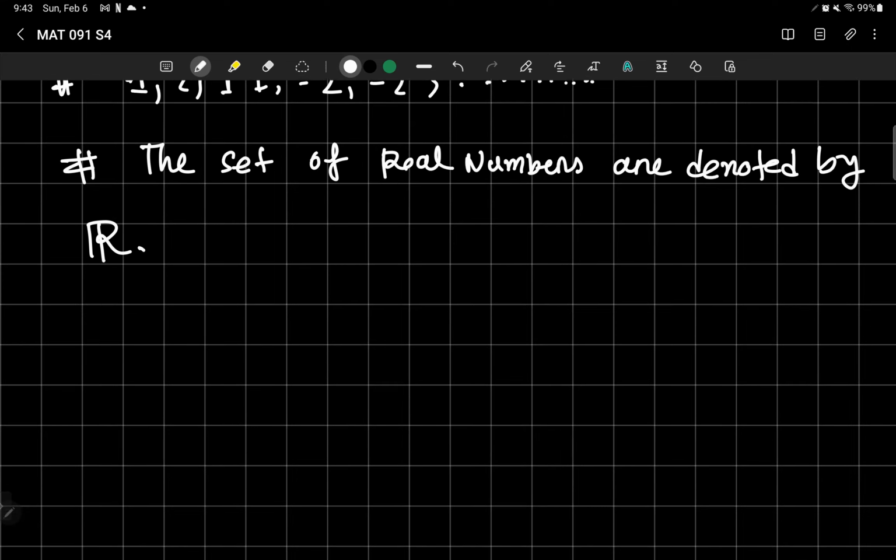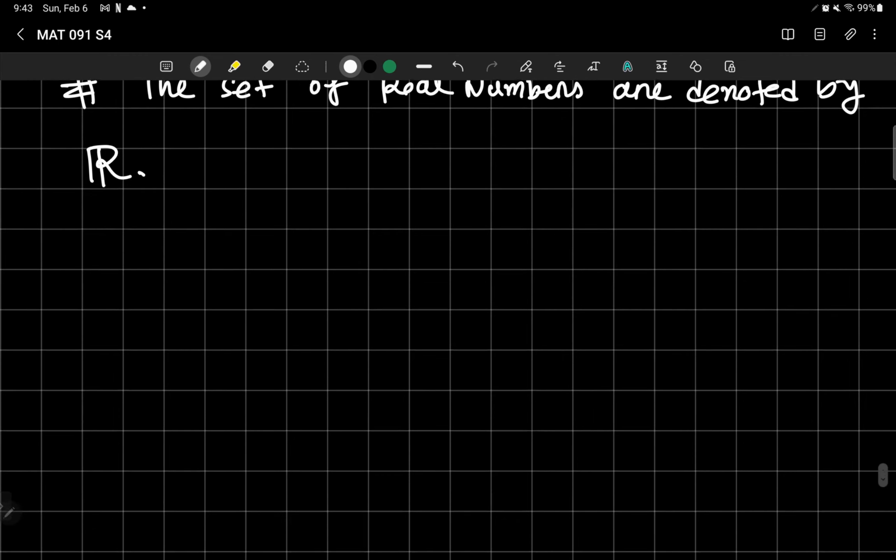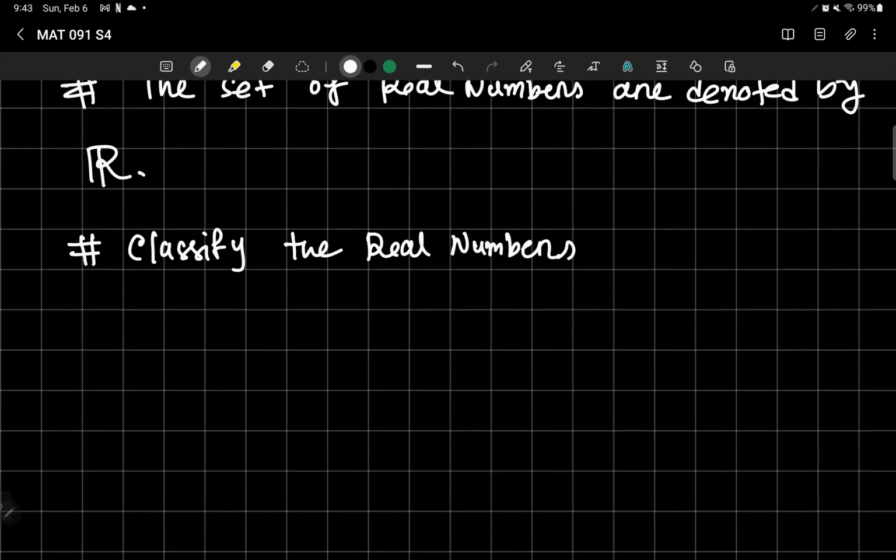And what we can do is classify the real numbers as follows. So let's say this is the set of real numbers. You can classify them as the following.